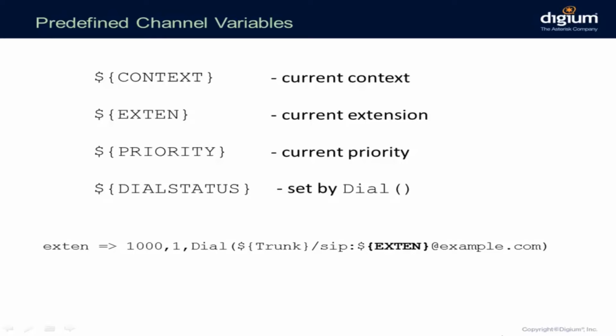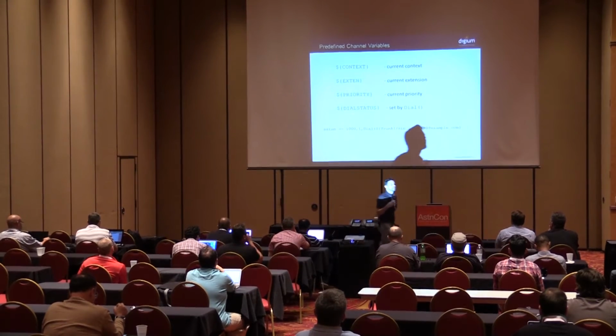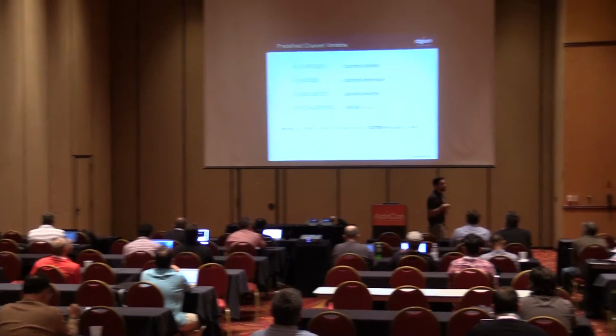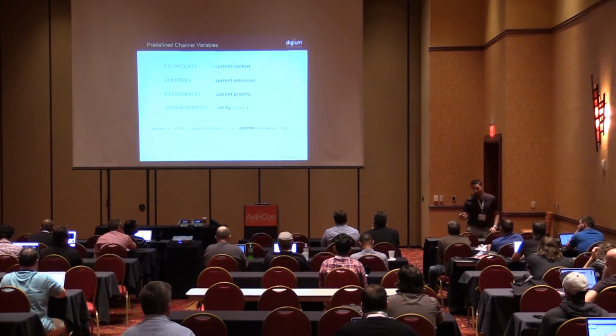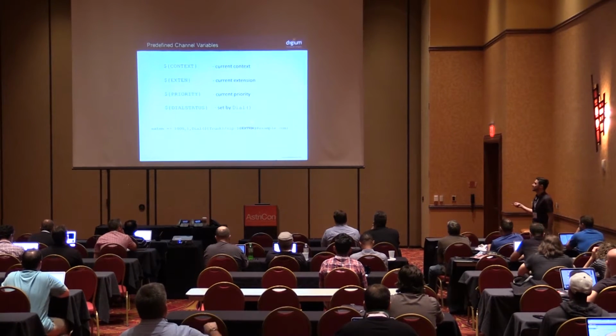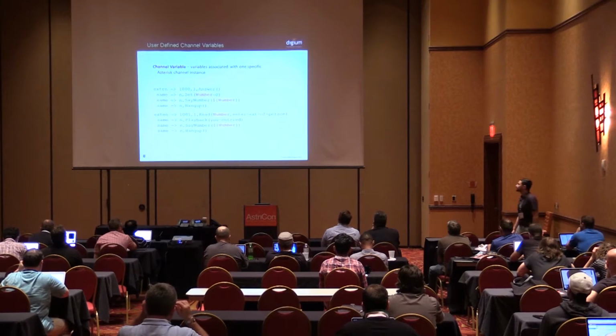You also have CONTEXT for the current context, PRIORITY for the current priority, and, as an example, DIALSTATUS, which is set by the Dial application. So whether the call was answered, busy, or congested, you have that set up as DIALSTATUS.